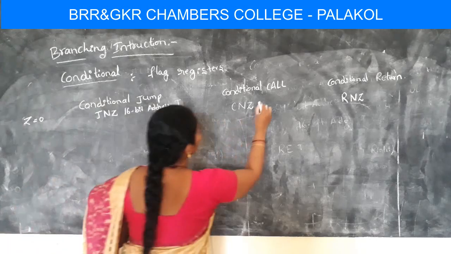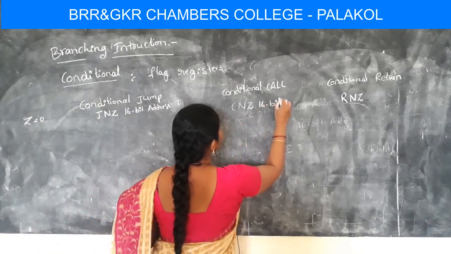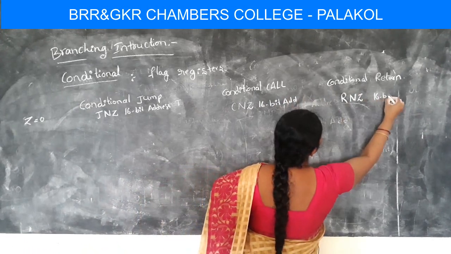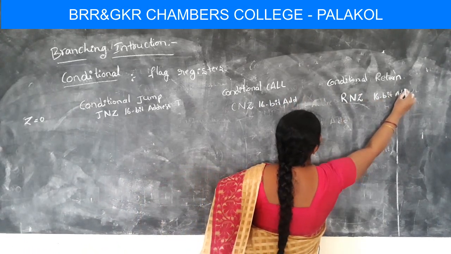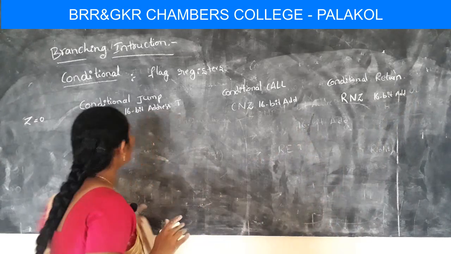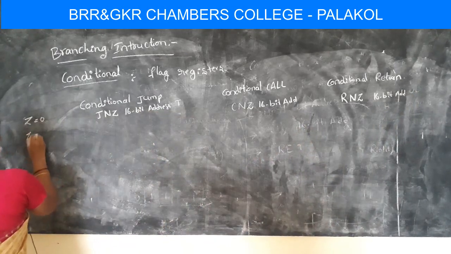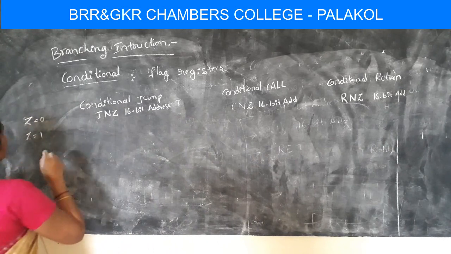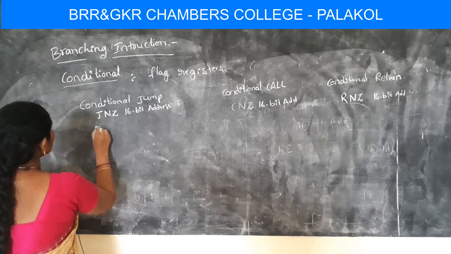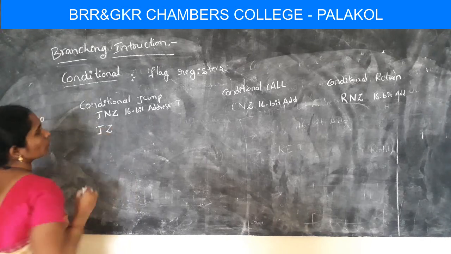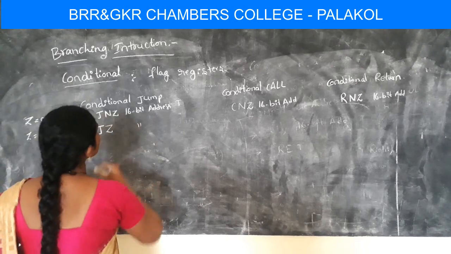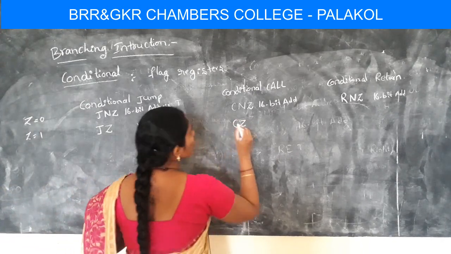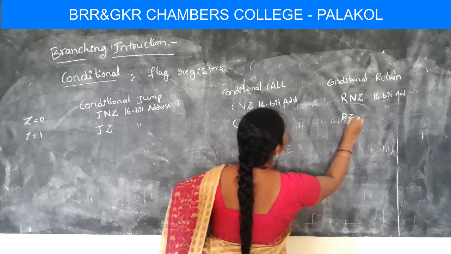And Z equal to 1, that means zero flag equal to 1, is jump zero, call zero and return zero, also with a 16-bit address.